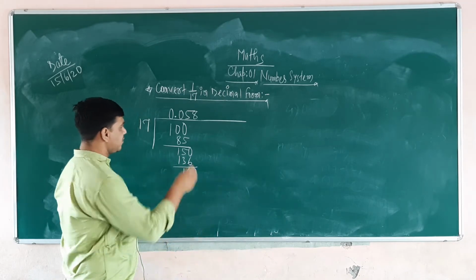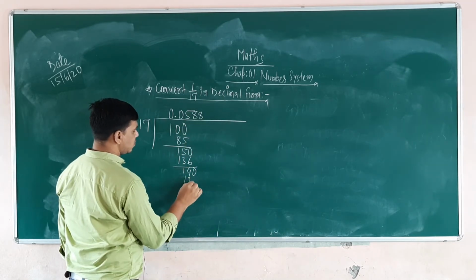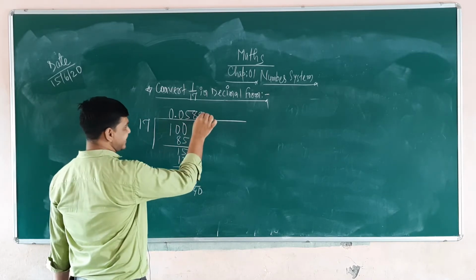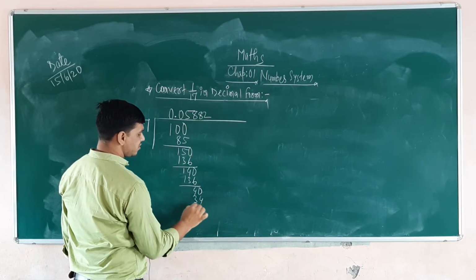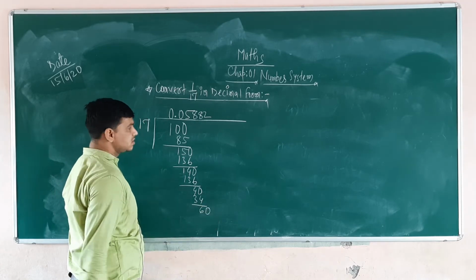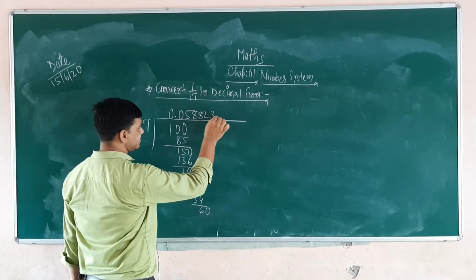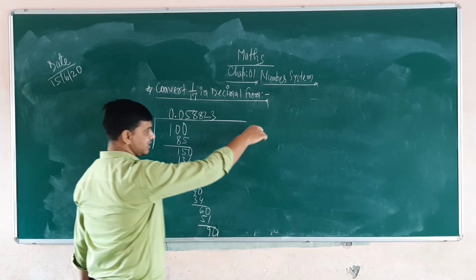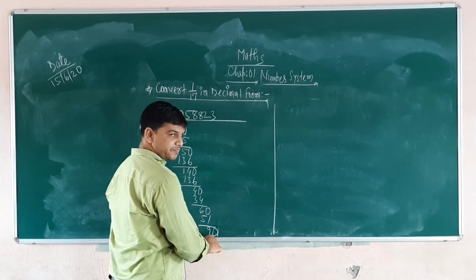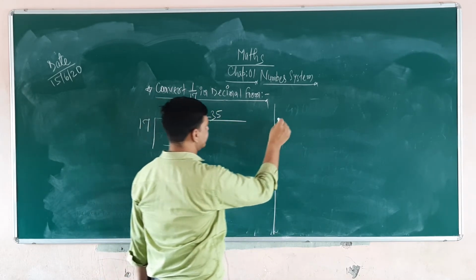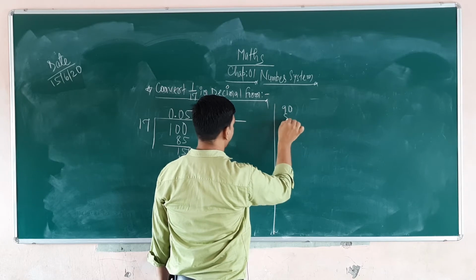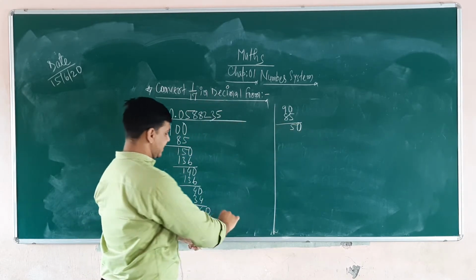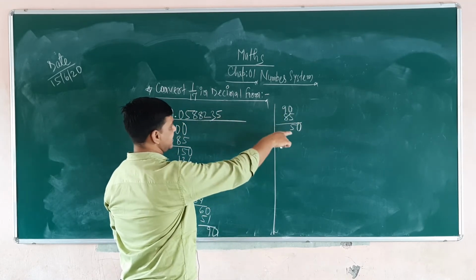Next step also, 17 8s are 136, 4 is remaining, 0, 40. 17 2s are 34, 6, 0. Now 17 3s are 51, 9 and 0. 90, 17 5s are 85. That is 5 and 0. 50.